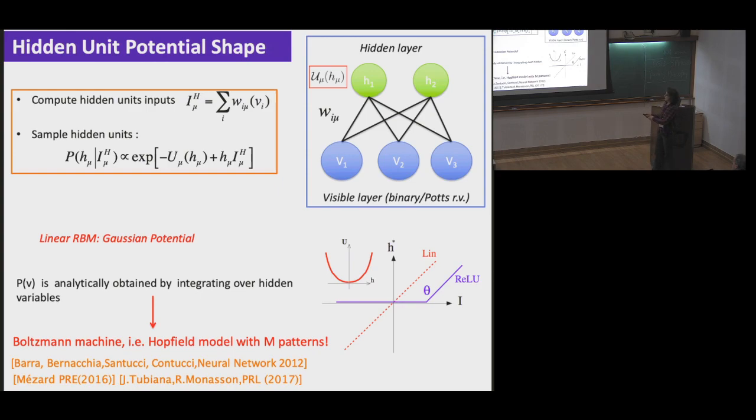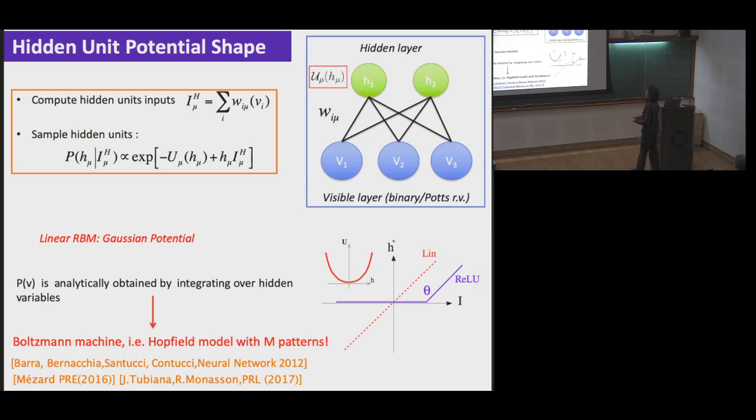But when you integrate this probability over all possible values of the hidden unit with this Gaussian potential, you will find a network model which is a Hopfield model which has M patterns.